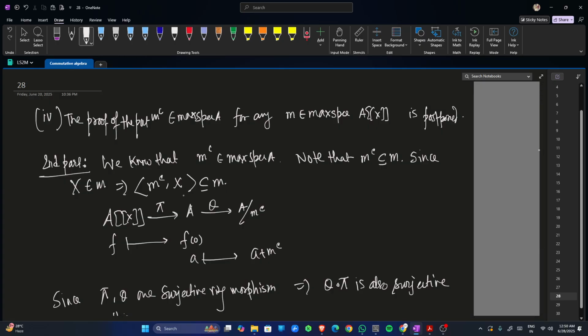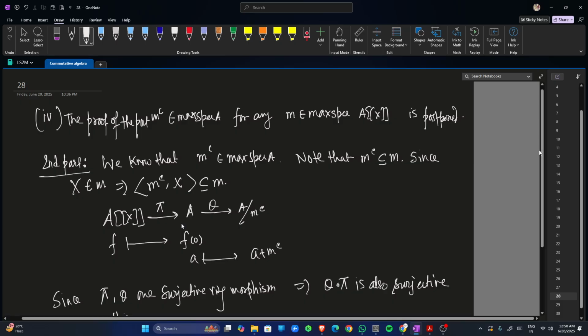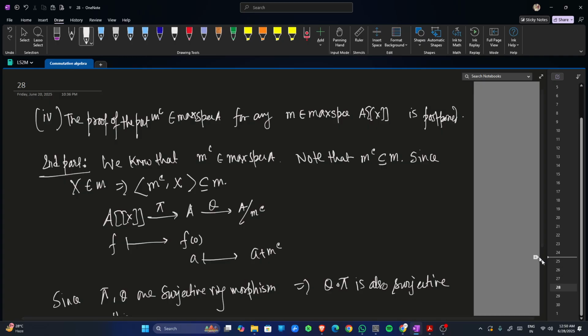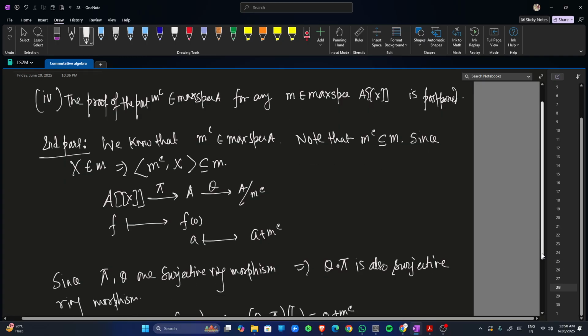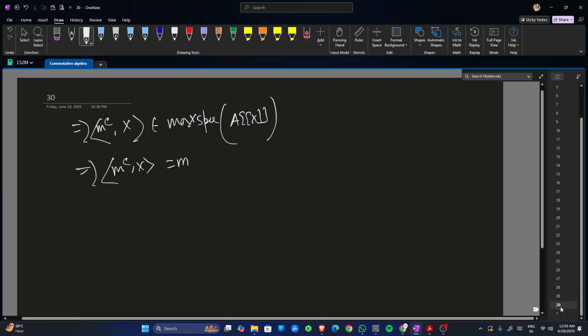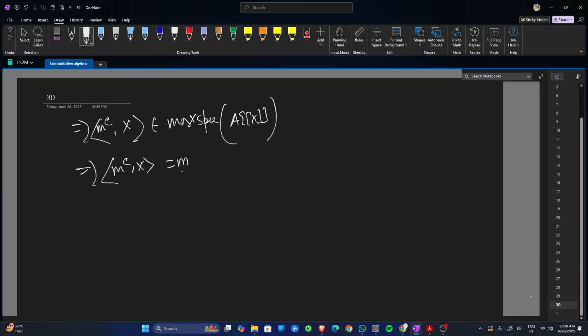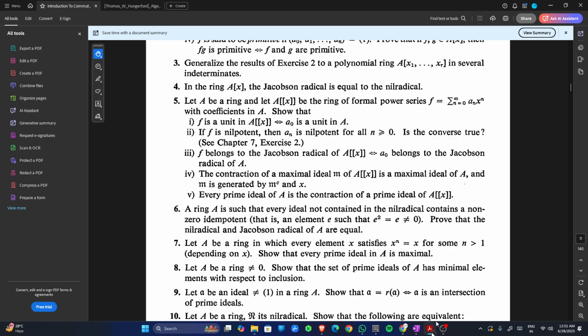M is the maximal ideal, this is the maximal ideal, therefore this has to be the same, because any two maximal ideals are either the same or they cannot be contained in each other. That's the definition of maximal ideal, the maximal element in the collection of all proper ideals. So since both of them are maximal ideals and one is contained in the other, both of them are the same. So this proves the second part of the problem.